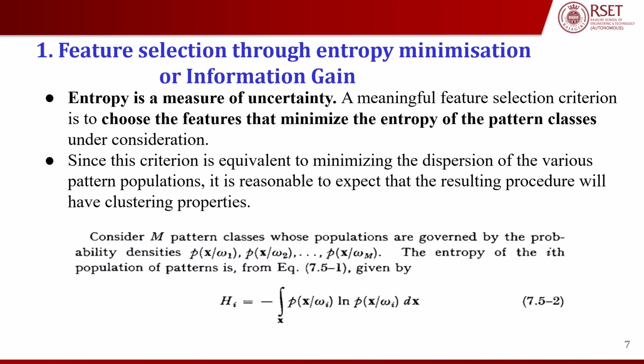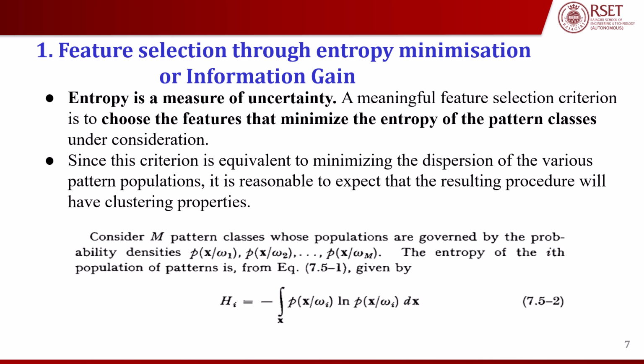Now the equation for entropy is given in the following. It's denoted by H, and it's equal to minus, if you're talking about continuous features, then minus integral of p of x given wi and log of p of x given wi, integrated over x. So it is p log p, where p is p of x given wi, where wi is the class that is given.